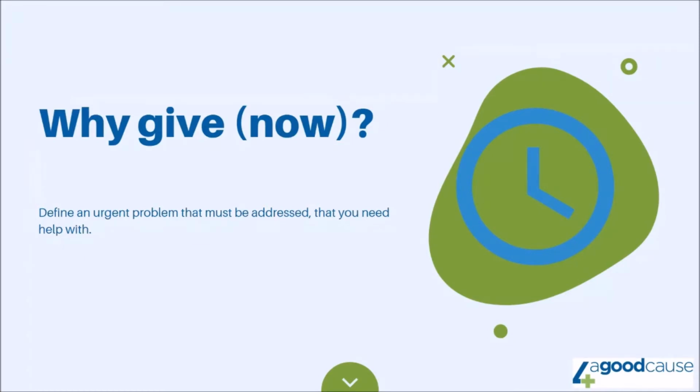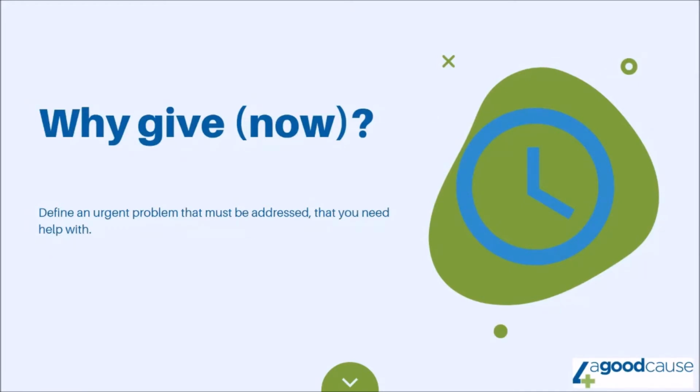Define an urgent problem that must be addressed, a problem that you need help with. Help the visitor understand what the issue is that your nonprofit works on and that there's urgency to it. The urgency is what's going to make me want to give now, before I leave the website.